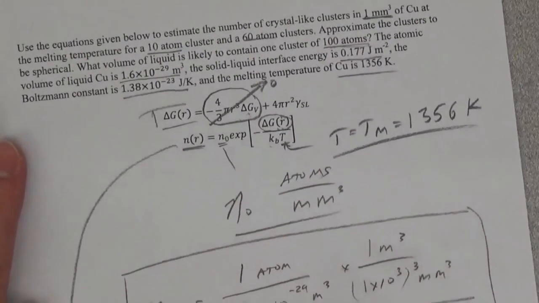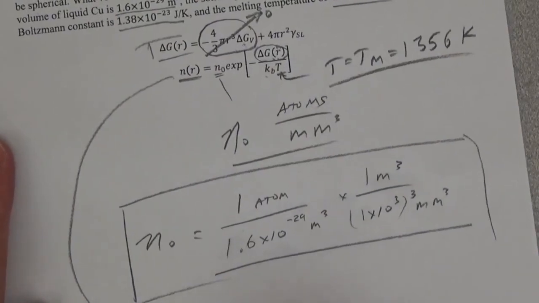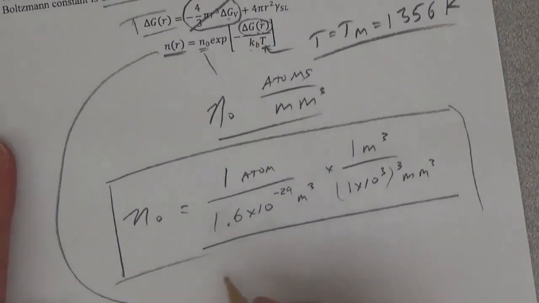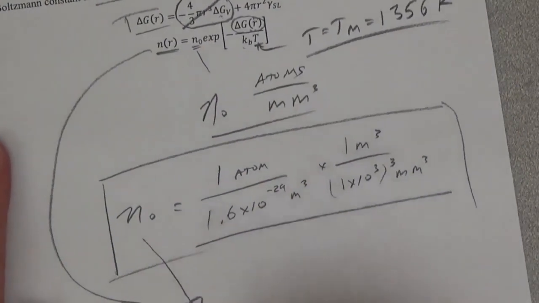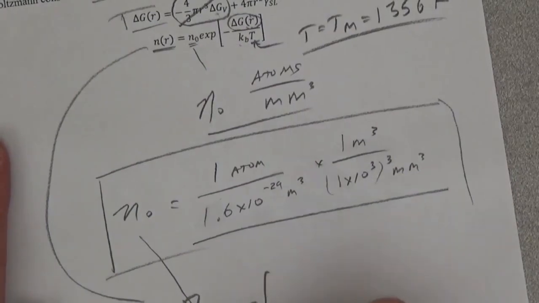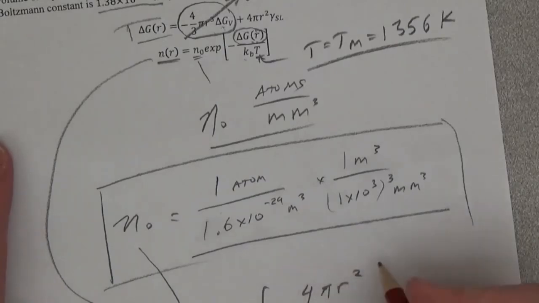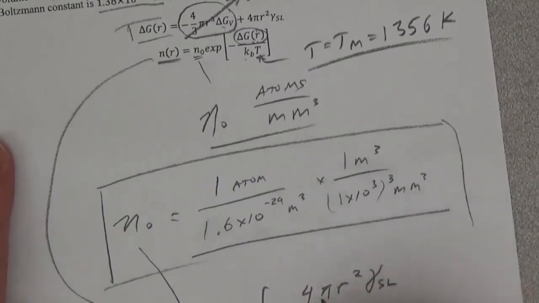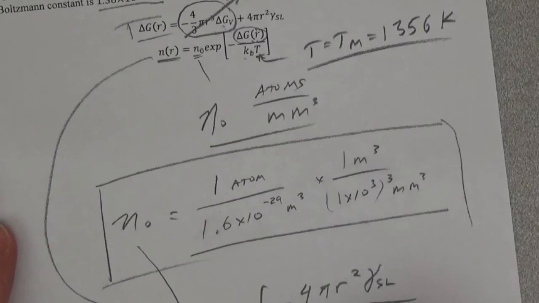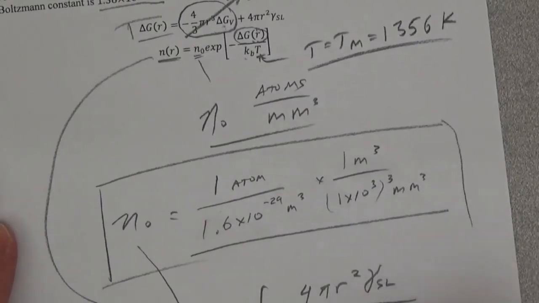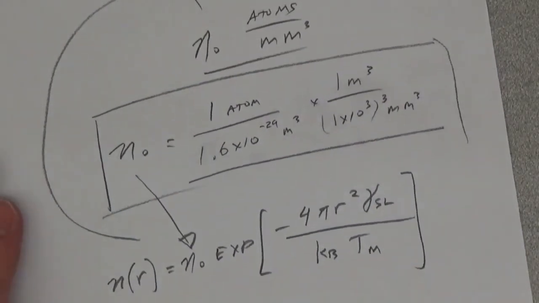We have to undercool it in order to get delta GV that's not 0. Which means now that we can write NR is equal to N0 times exp of negative 4 pi r squared gamma SL over KB Tm.